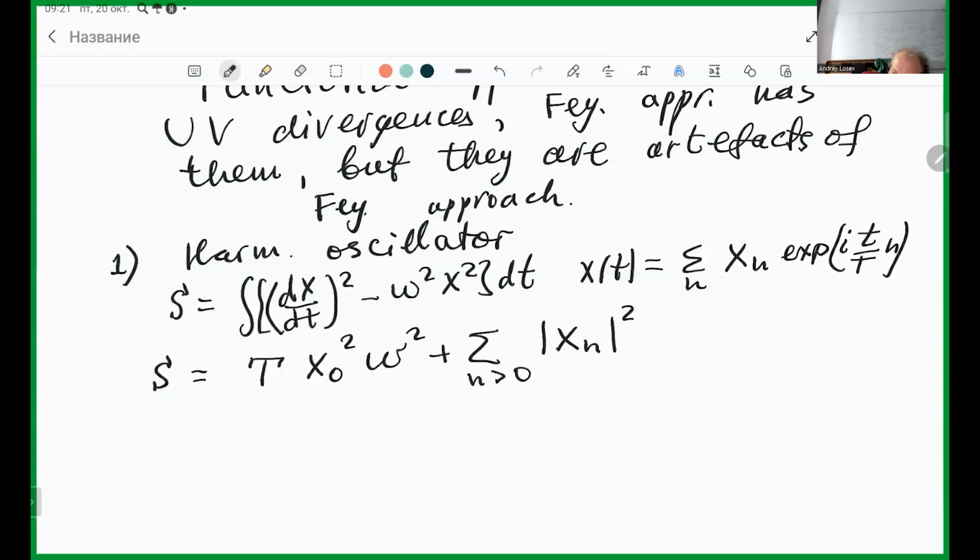And here I have the following expression. You see, I plug it, I take derivatives. And here I have t. Here I have n square over t square plus omega square.